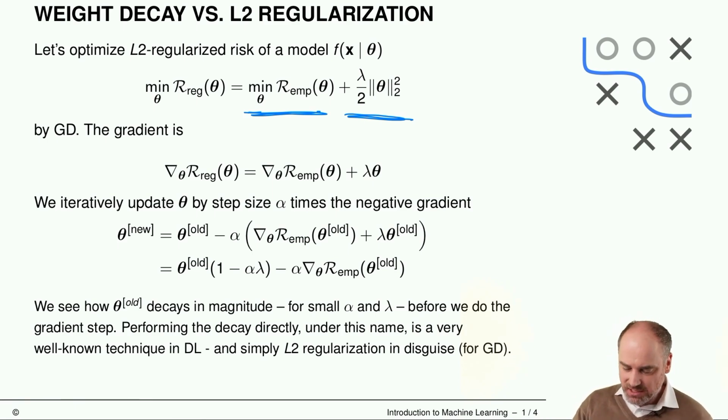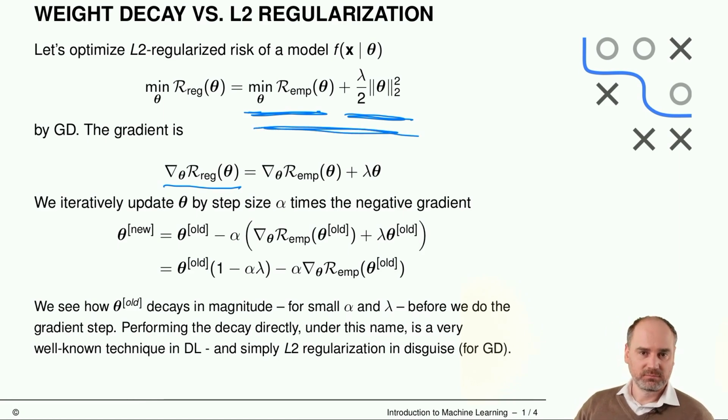So what's the gradient nabla theta of my regularized risk? Well, that thing here is a sum. Gradient is a linear operator, so we can push the nabla inside of that sum. So for the empirical risk, I haven't made any specific assumptions here how this should look like.